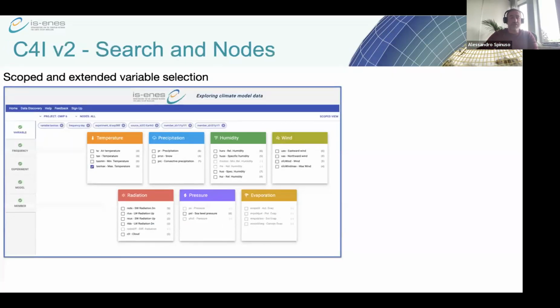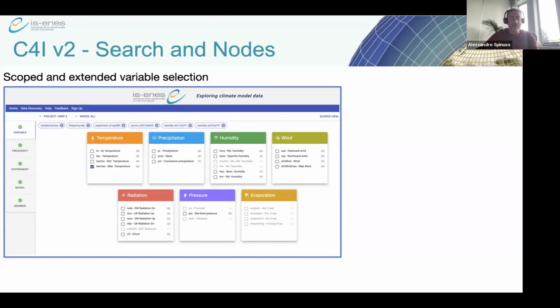What we have implemented in this new version of the portal is that we put in the forefront the variables which are most relevant for climate impact analysis. These variables are then organized by different types of facets, or characteristics: the variable parameters, the frequency, the experiment, the model, and members.